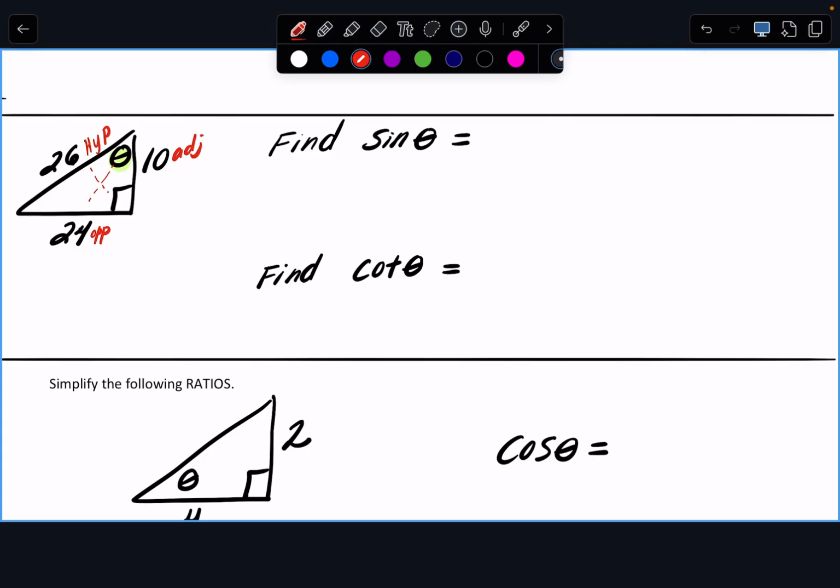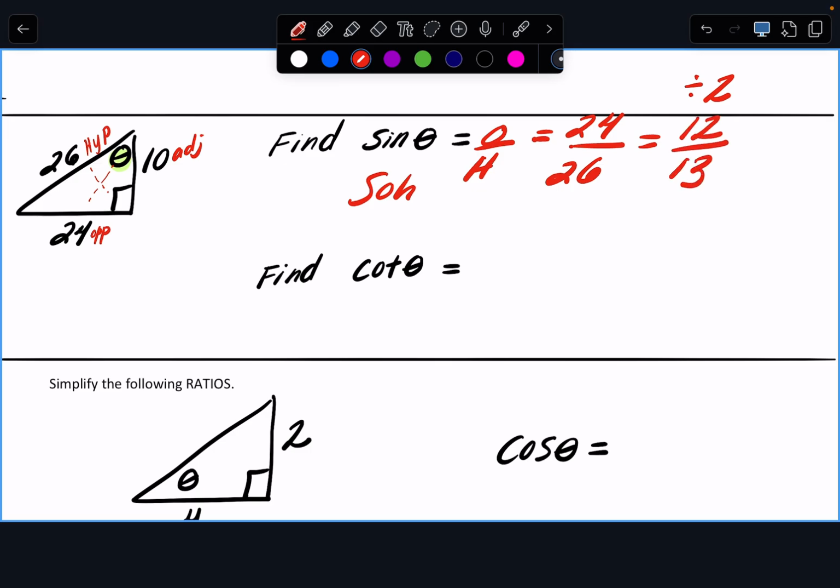So it's opposite over hypotenuse. Our opposite side was 24. Our hypotenuse is 26. Is that right? Yeah. And then they both divide by what? 2. So if they both divide by 2, that would become 12/13.